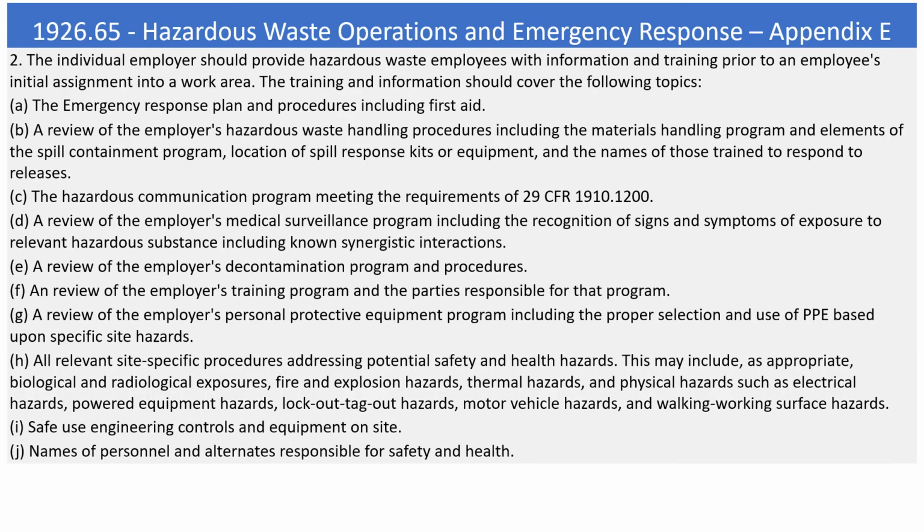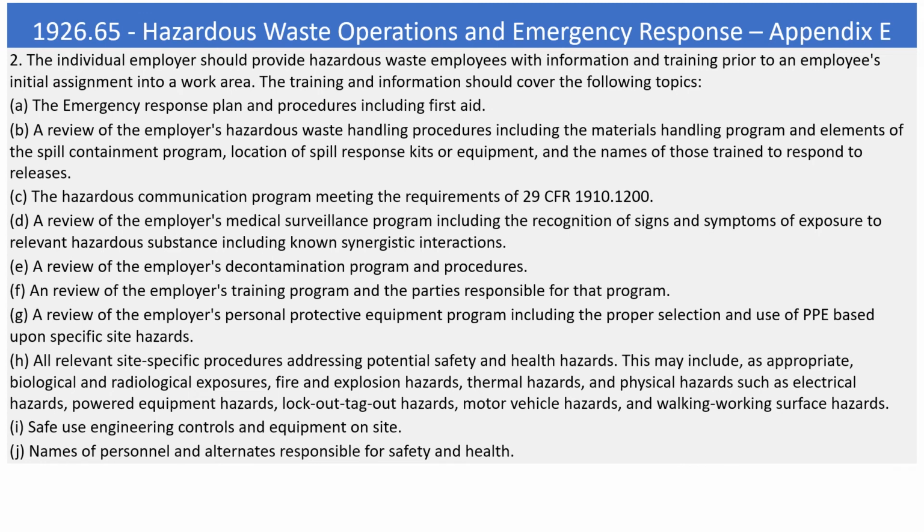2. The individual employer should provide hazardous waste employees with information and training prior to an employee's initial assignment into a work area. The training and information should cover the following topics. A. The emergency response plan and procedures, including first aid. B. A review of the employer's hazardous waste handling procedures, including the materials handling program and elements of the spill containment program, location of spill response kits or equipment, and the names of those trained to respond to releases.